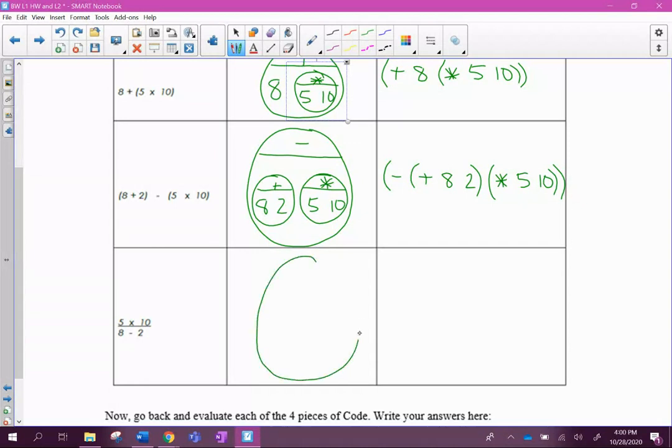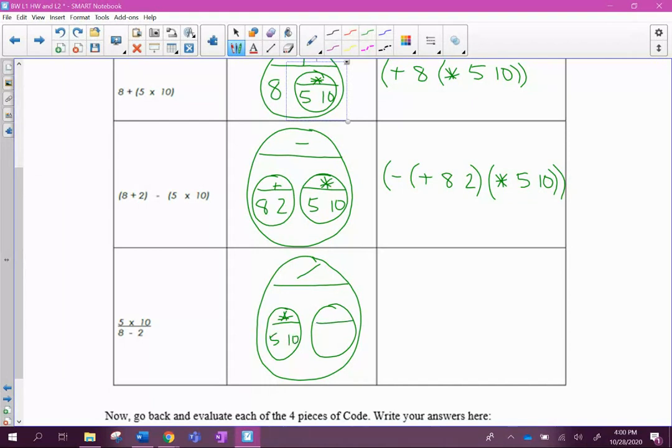Last but not least, we have a fraction, and fractions mean division. Each part of the fraction is technically like a set of parentheses, so I have two more circles of evaluation. The first one is multiplication, and we're multiplying 5 and 10.